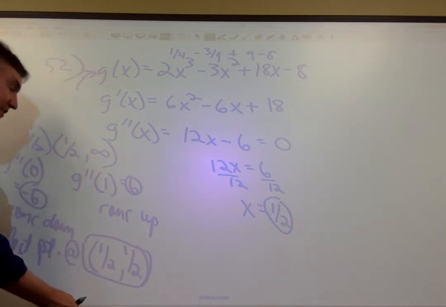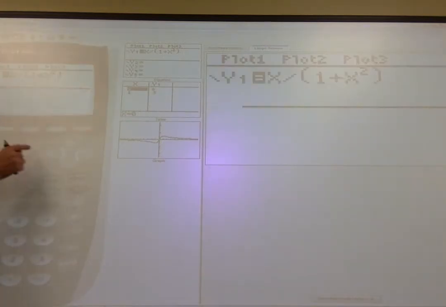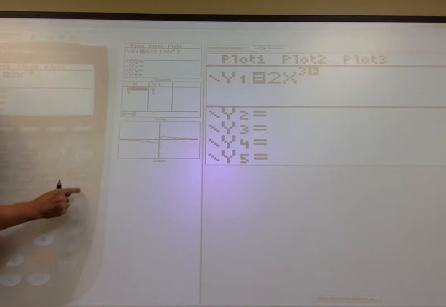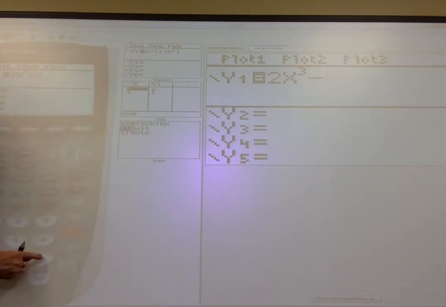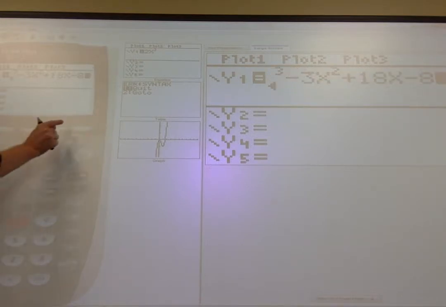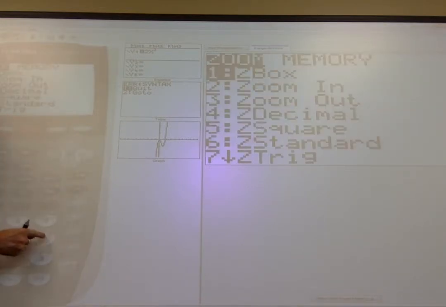If we graph it, 2x cubed minus 3x squared plus 18x minus 8. If I go back to Zoom 6, can I see it?